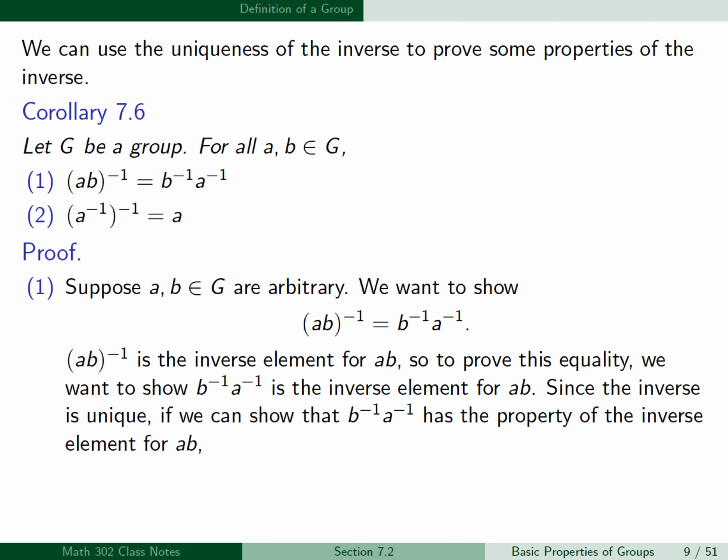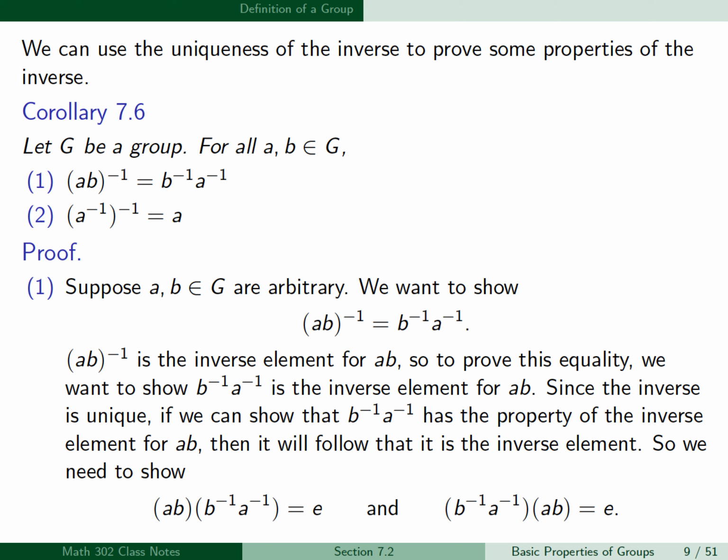And since the inverse is unique, if we can show that B inverse A inverse has the property of the inverse element for AB, then it will follow that it is the inverse element. So if we show that it behaves like the inverse element, the uniqueness tells us that it must be the inverse element. So we need to show AB quantity times B inverse A inverse quantity is equal to E, and B inverse A inverse quantity times AB quantity is equal to E.